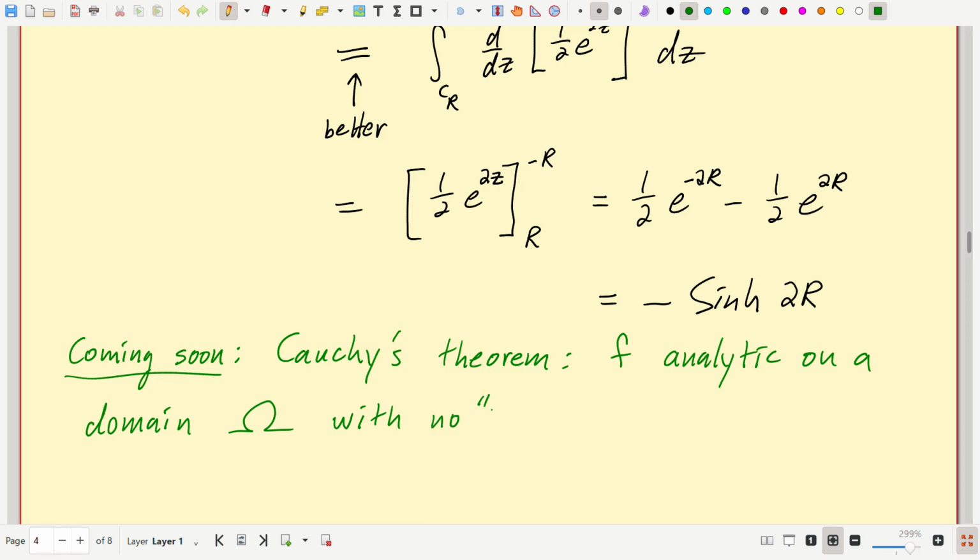Okay, so we haven't defined holes in a mathematical sense. So the fancy math word for that is a simply connected domain. That's the math word for no holes.